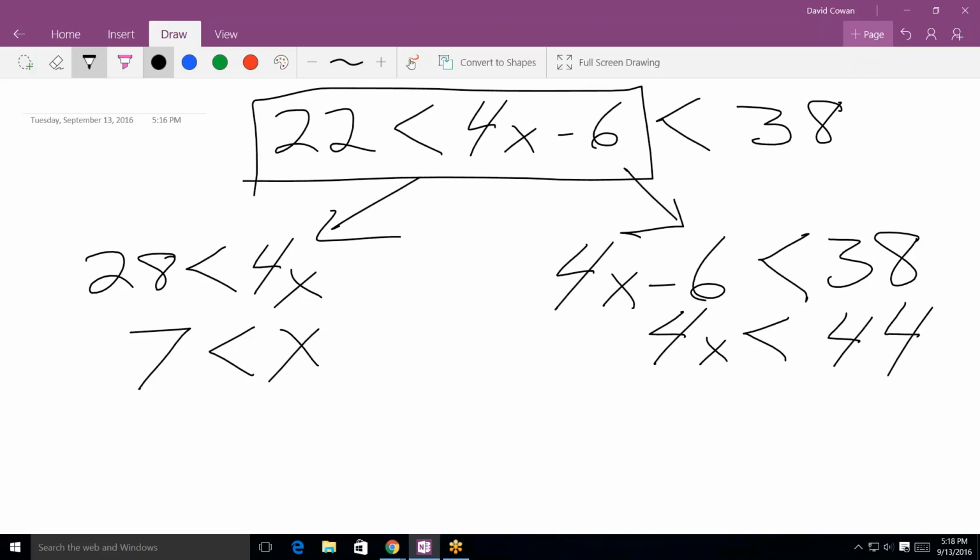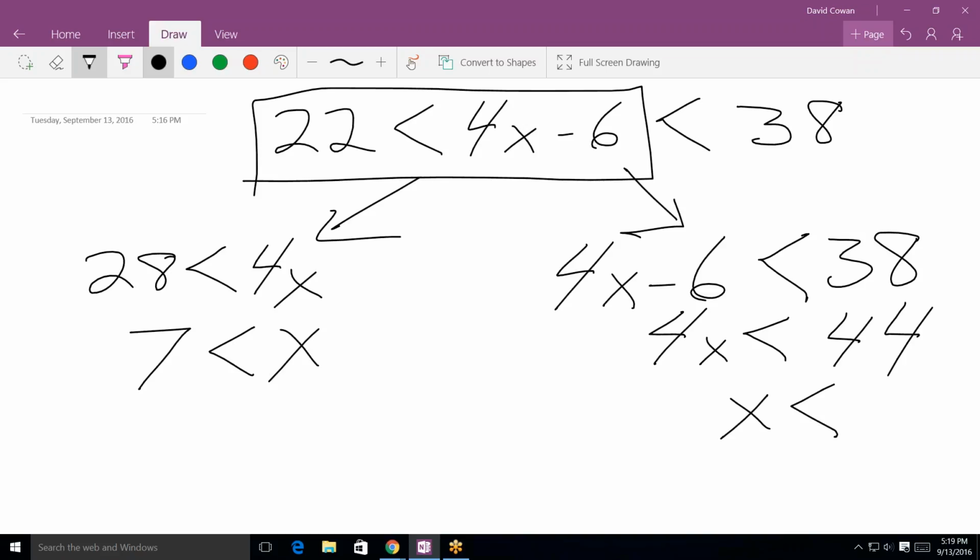But it's important to understand that that's not really 2 digits plus 1 digit. That's 1 digit plus 1 digit in terms of understanding it. And then what's x equal to? X is less than or equal to 11.